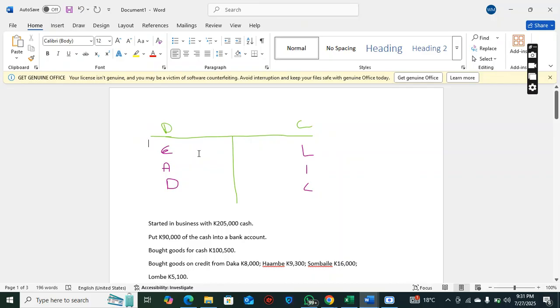Now, since we are paying these people through the bank account, the money in our bank account is reducing. Bank is an asset account. Reduction in an asset account, you credit. Because assets increase with debit, so they should reduce with credit.